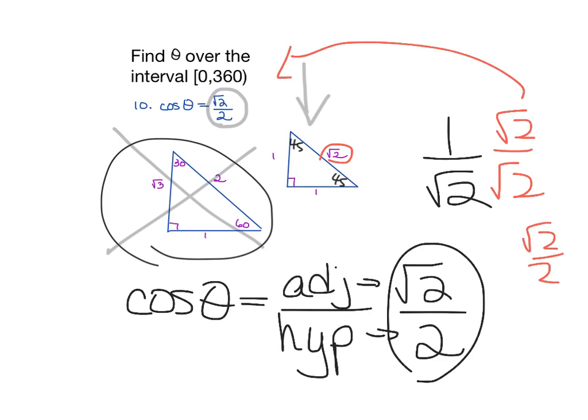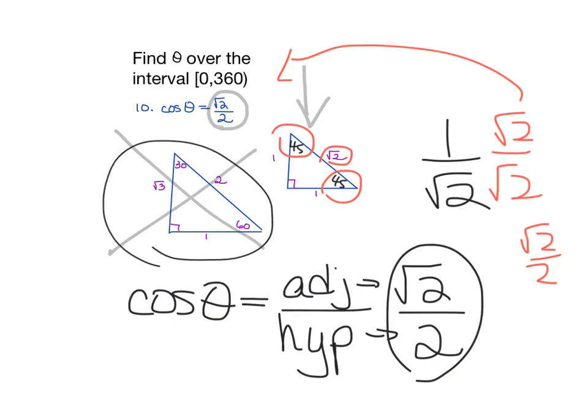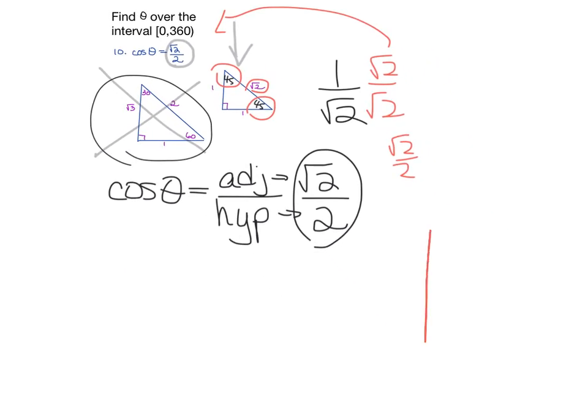But notice both of my acute angles are the same. So I really don't need to go through and try to figure out which one's opposite and adjacent. I already know my reference angle when it's the 45, 45, 90 right triangle is 45 degrees. So I'm going to draw a little quick quadrant plane here. And in quadrant 1, my reference angle is 45.